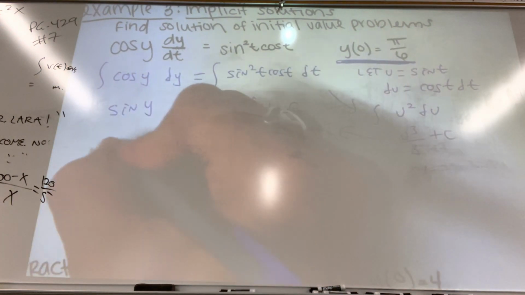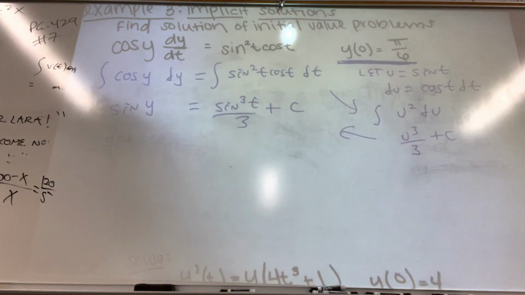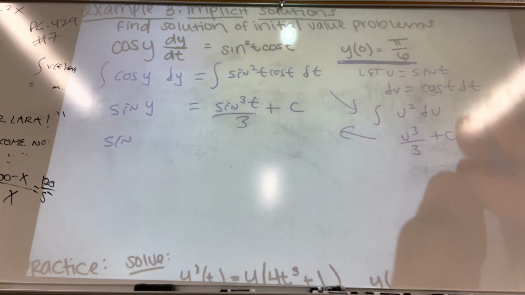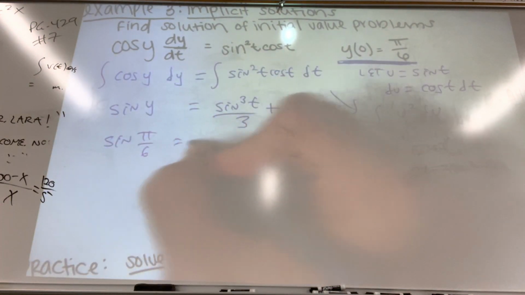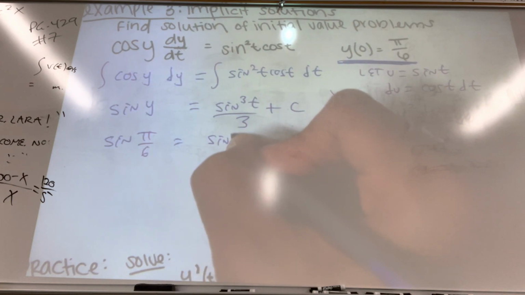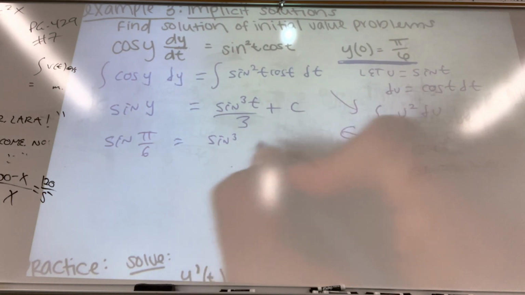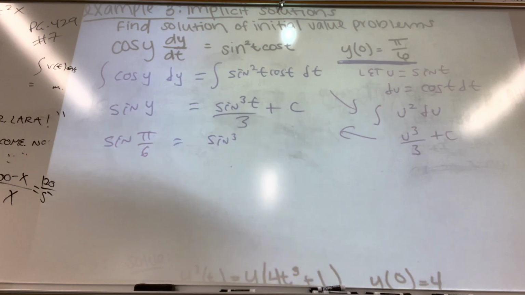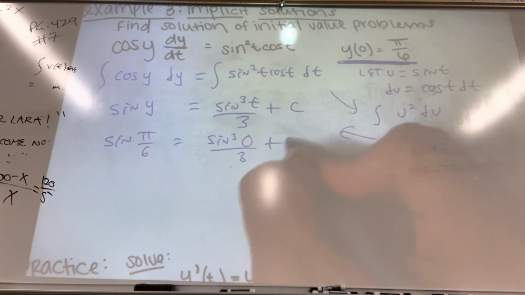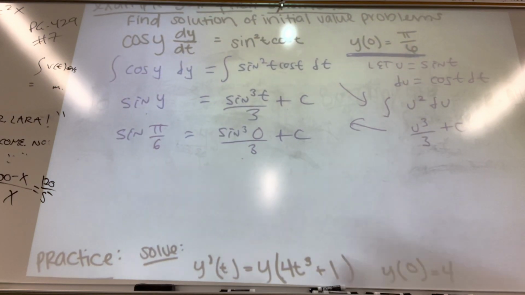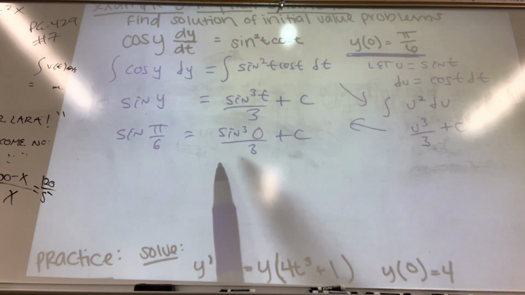It's going to be sine of pi over 6 equals sine cubed of 0 over 3 plus c. So I plugged it in right now.